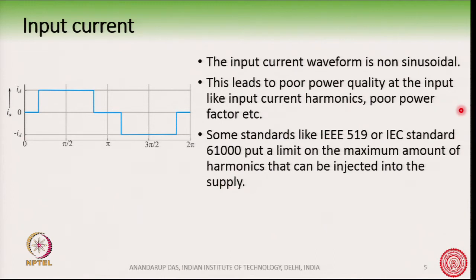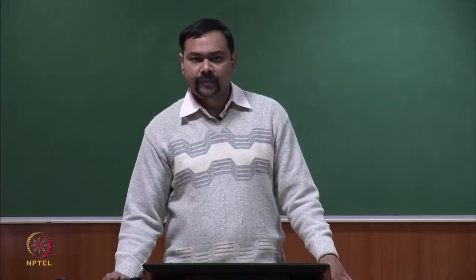There are some standards like IEEE 519 or IEC 61000, where the standards say that if you build a converter, then there is a limit to the maximum amount of harmonics that this converter can inject into the supply. Typically, IEEE 519 says that something called THD, we will explain that THD, should be less than 5% of the input current.